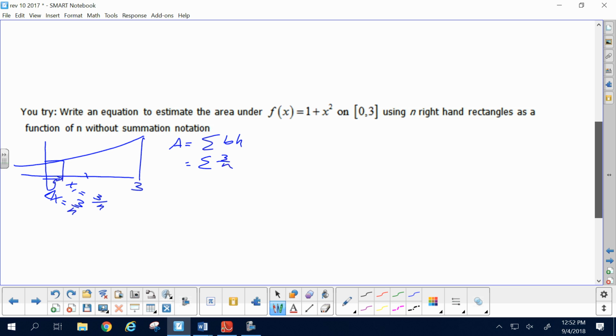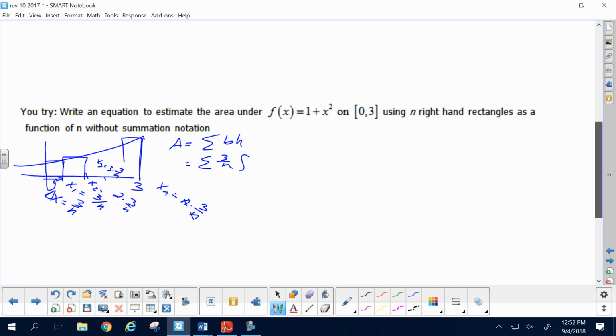If in my second place I drew my height, I went another 3 over n over, then x2 would be 2 3 over n's. And x3 would be 3 3 over n's. And the nth x, or the last x, would be n 3 over n's, which simplifies to 3, which makes sense because we're using the right endpoint, right?